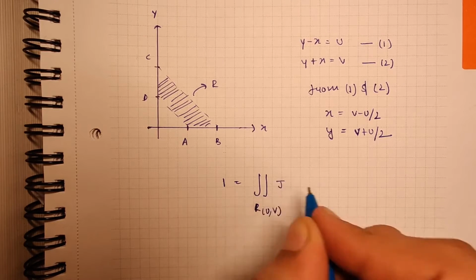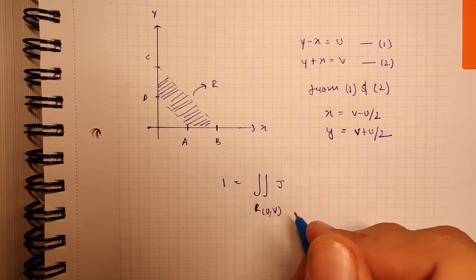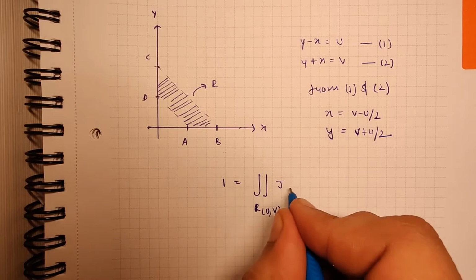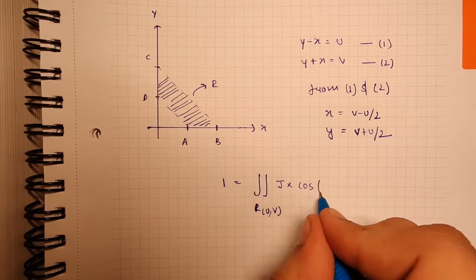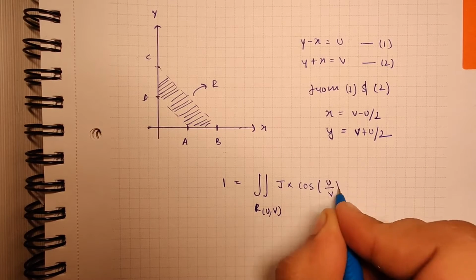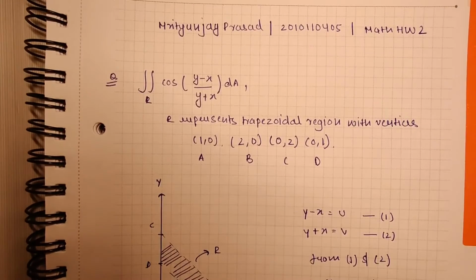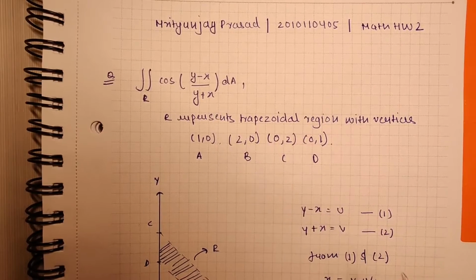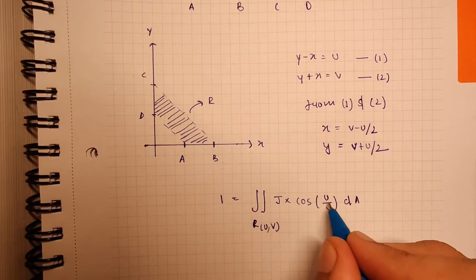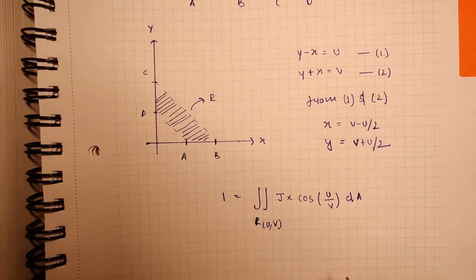And then we have the Jacobian, J, which we would further solve, into cos(u upon v) and dA. Now u upon v, obviously where you have y minus x as u, therefore we have u, and similarly we have v, so cos(u upon v).